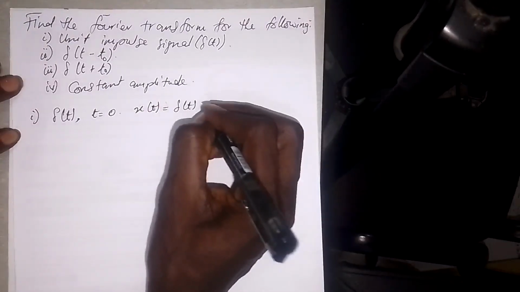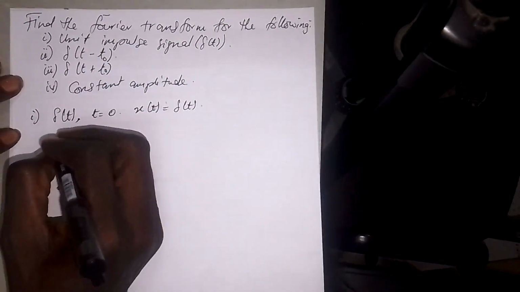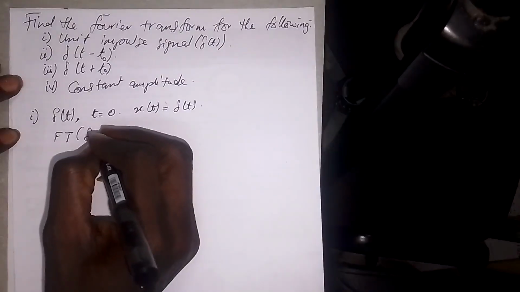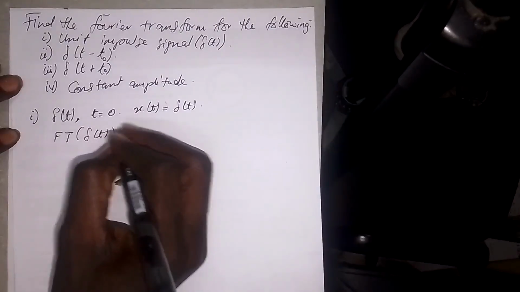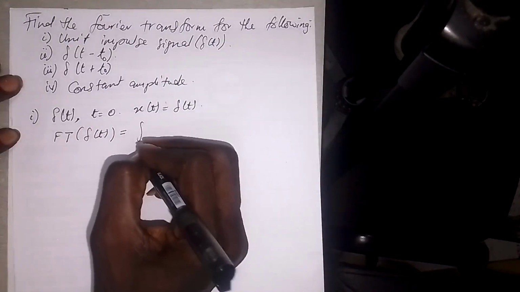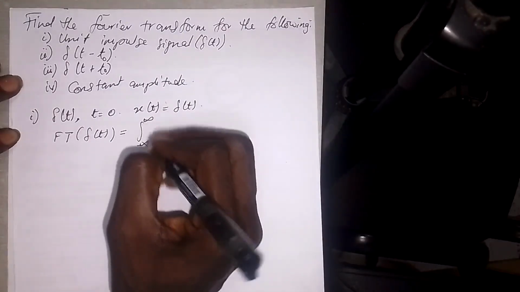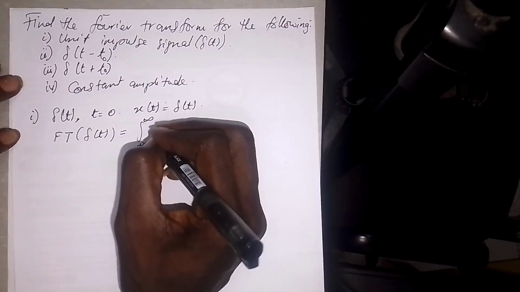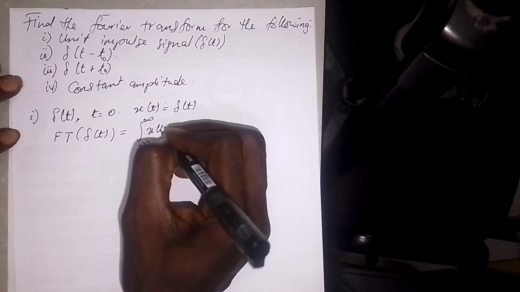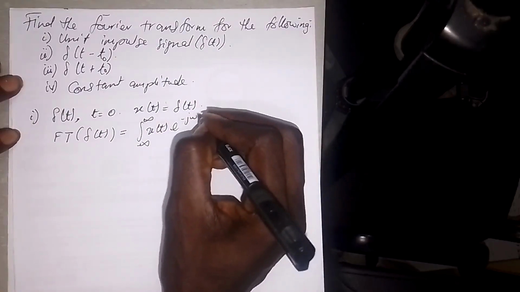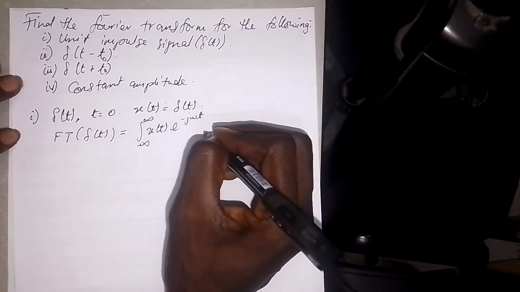Delta of t. So to find the Fourier transform of delta of t, we're going to write it like this. The Fourier transform of delta of t is equal to the integral from minus infinity to infinity of x of t times e to the minus j omega t dt.